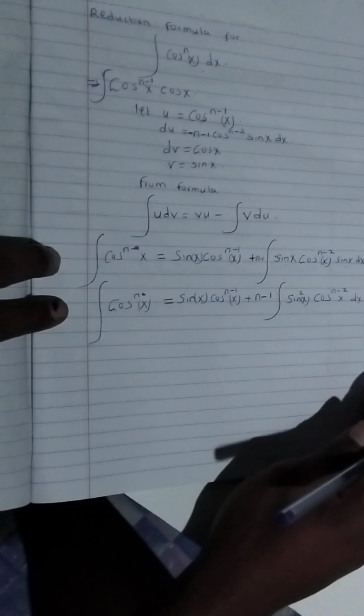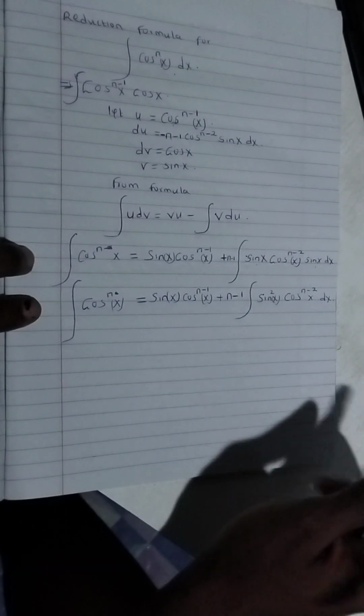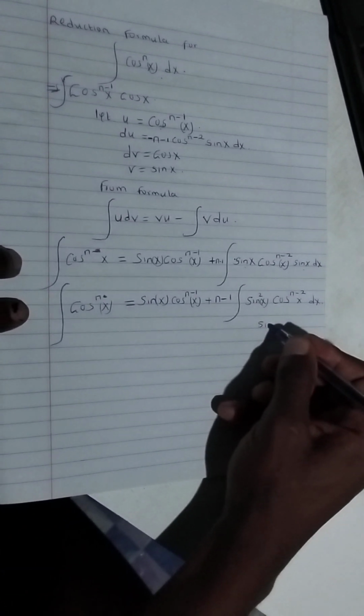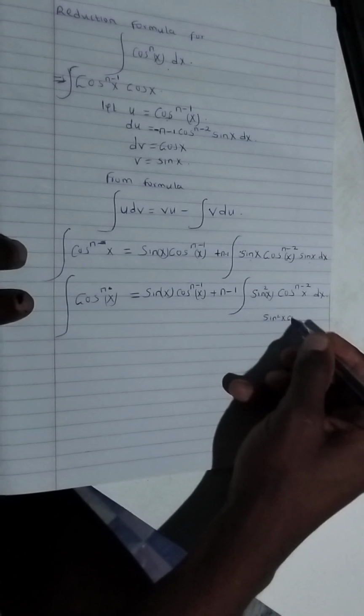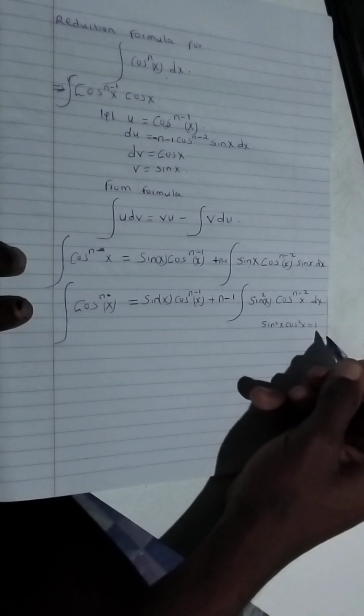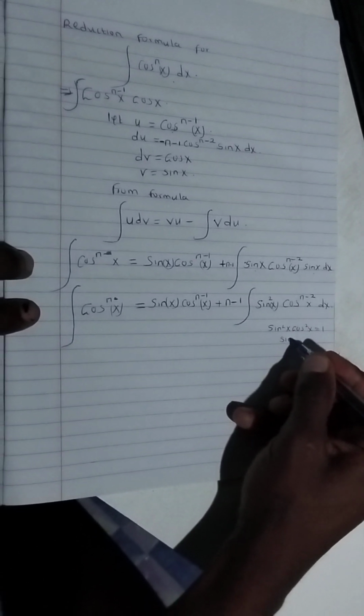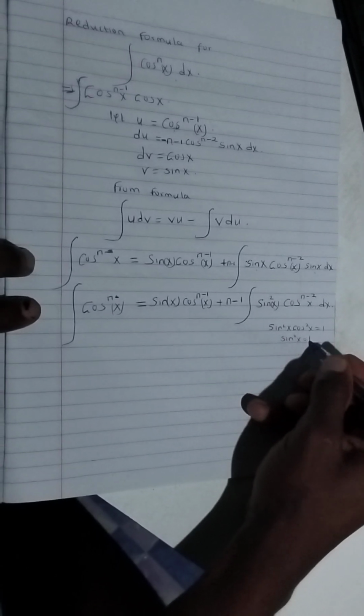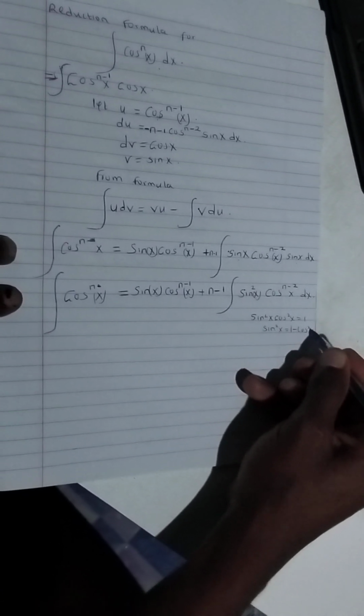Now from the identity sin^2 x plus cos^2 x equals 1, sin^2 x will be equivalent to 1 minus cos^2 x.